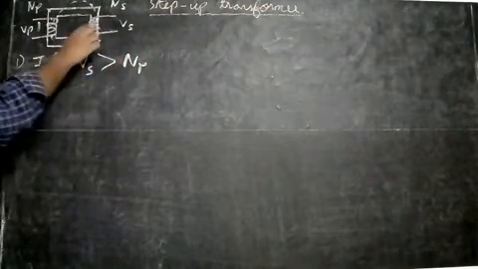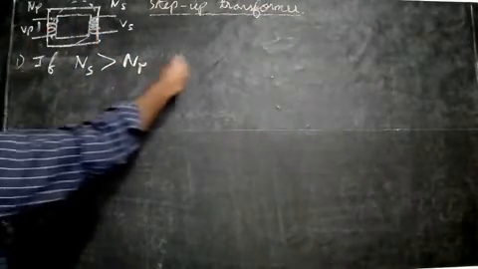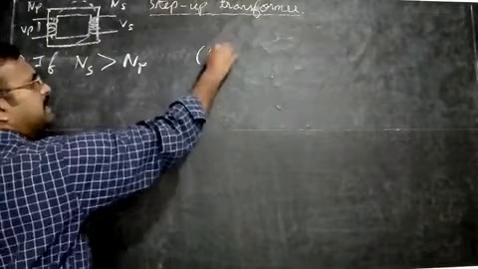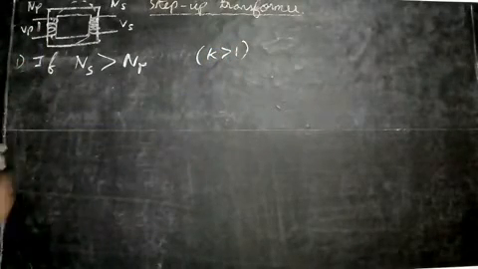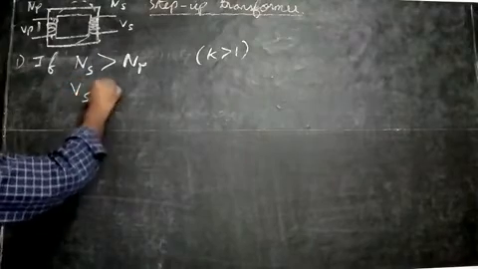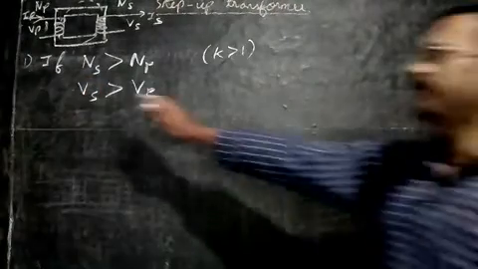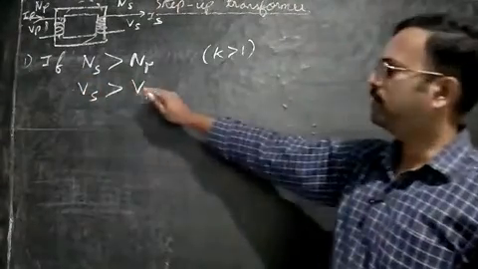That is, K is greater than 1. So the transformer ratio is greater than 1, and the voltage in the secondary will be greater than the voltage in the primary.